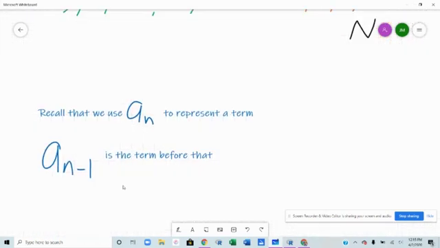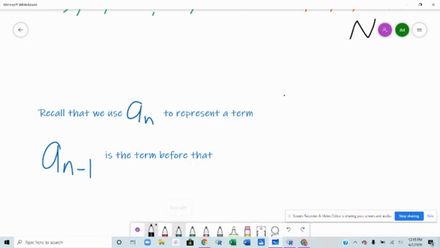Now we're going to get into some of our formula stuff that we've talked about back in 5.5 that will extend into our geometric. So just recall that we use this little n, a sub n, to represent a term. And a sub n minus 1 is just the term before that.